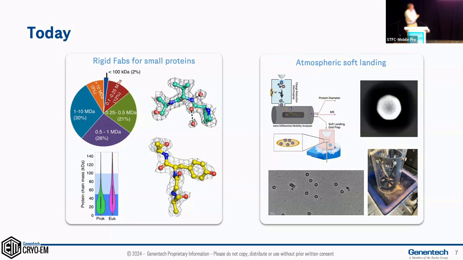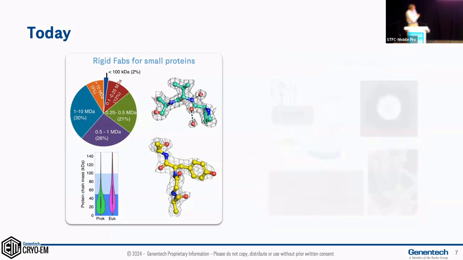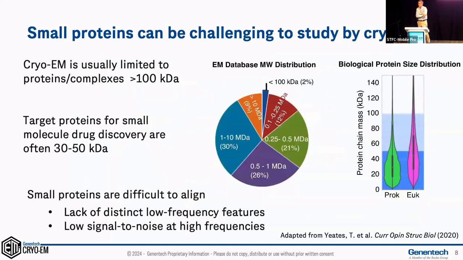Okay, so the first story then. I think I want to start with a statement that there are a set of targets you might be interested in which are likely too small for CryoEM. How prevalent that problem is, I am not sure, but you can look at the genomes of eukaryotes and prokaryotes and plot the length of the chains that are encoded by genes.